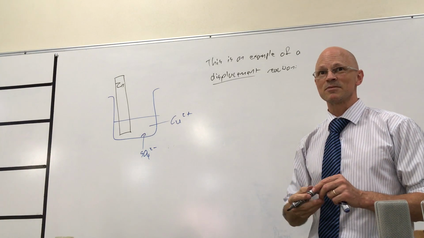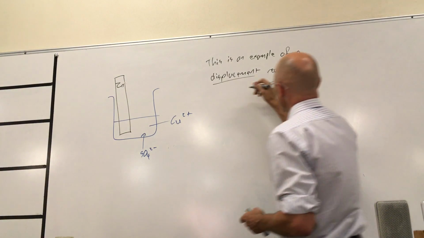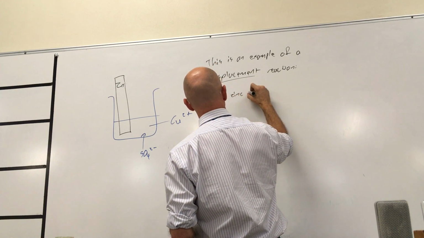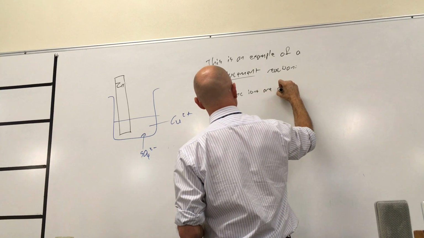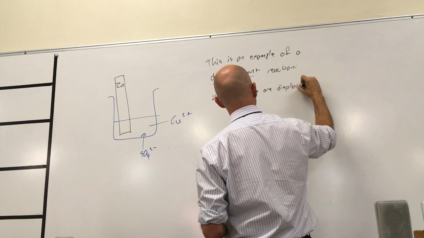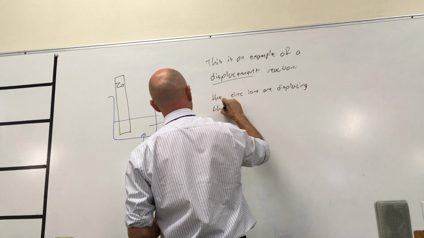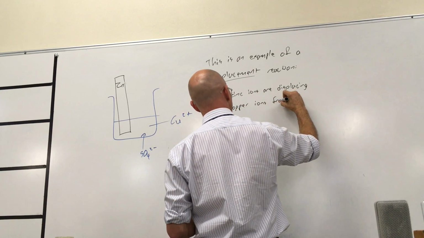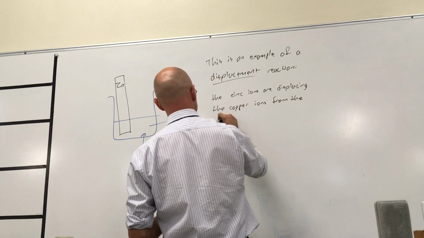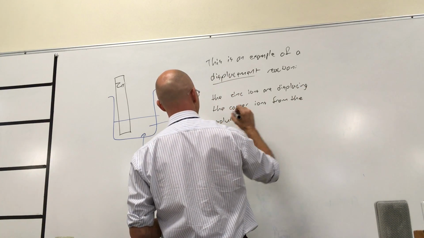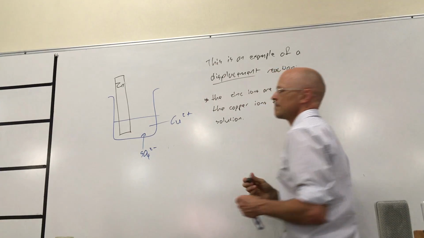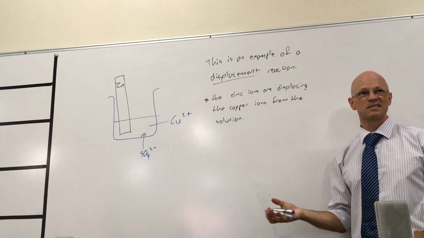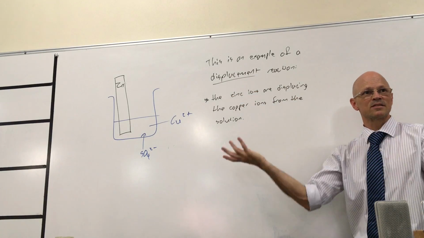It's also called a displacement reaction. The zinc ions are displacing the copper ions from a solution. Does that make sense? The zinc ions are taking the place of the copper ions.